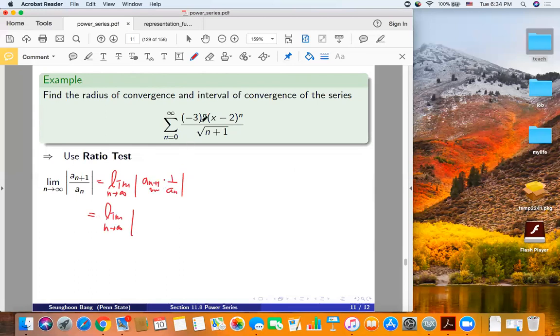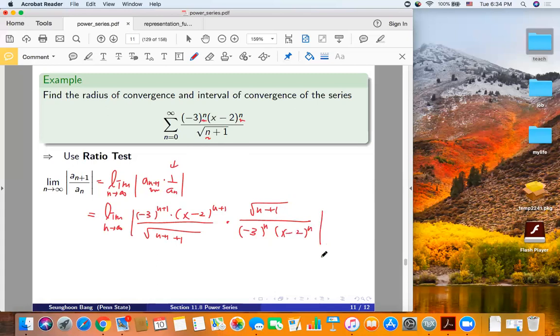You plug n plus 1 into n, so we have negative 3 to the power n plus 1 times (x minus 2) to the power n plus 1 over the square root of n plus 1 plus 1, times the reciprocal of a_n: the square root of n plus 1 over negative 3 to the power n times (x minus 2) to the power n. This is exactly a_(n+1) over a_n.